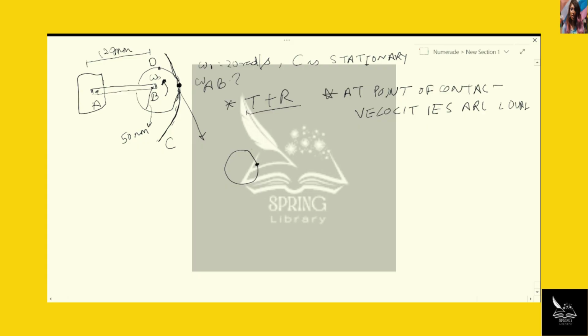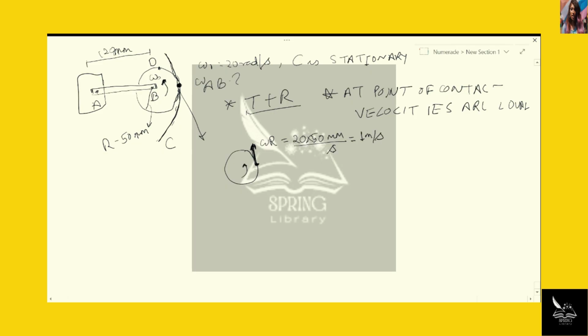The rotational velocity, if your omega is anti-clockwise, is going to point in this direction, and the magnitude will be omega r, where r is 50 millimeters. So 20 times 50 is 1000 millimeters per second, which will be 1 meter per second.